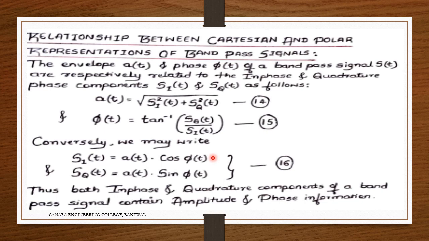But what is mainly required here is the in-phase and quadrature-phase components. With them, we can write it separately and see the cos and the sine. This is how we represent the Cartesian and the polar form.